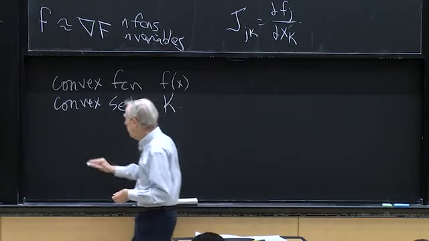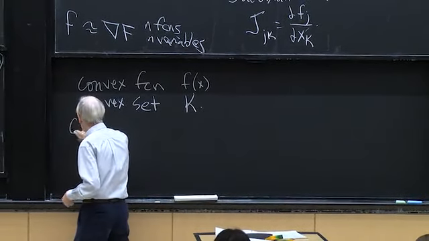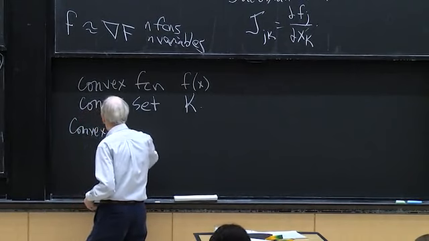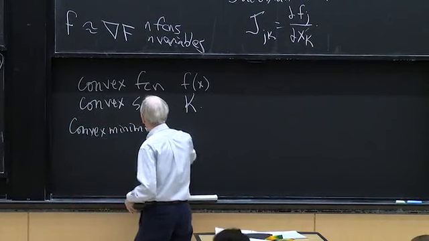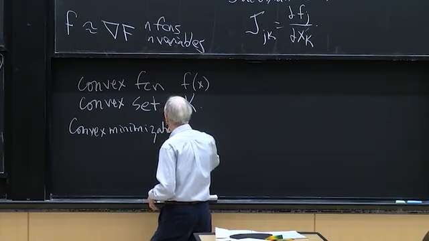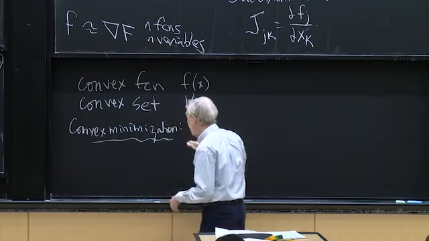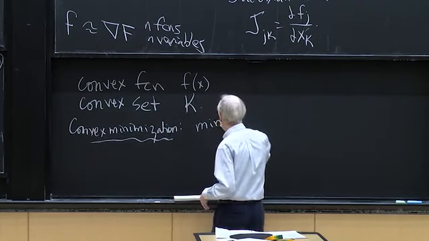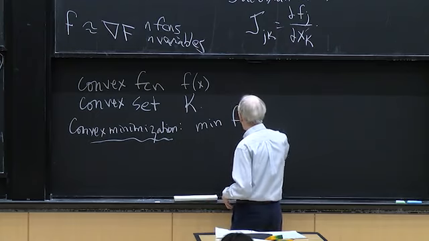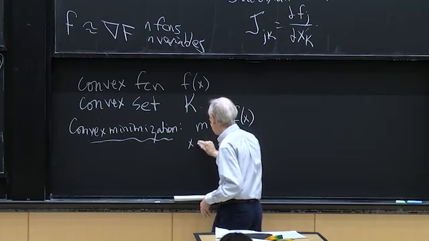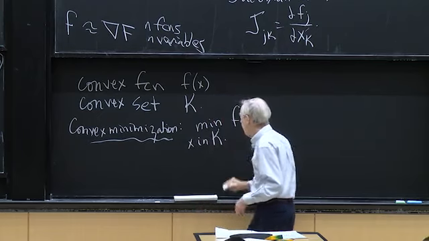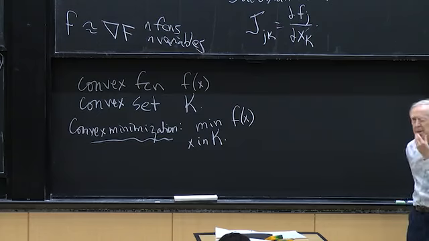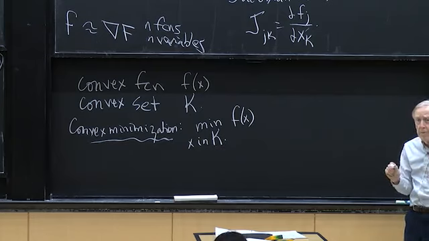So here's my general problem, my convex minimization, which you hope to have, and in many applications you do have. So you minimize a convex function for points in a convex set. That's the ideal situation, to get something powerful on your side, convexity.